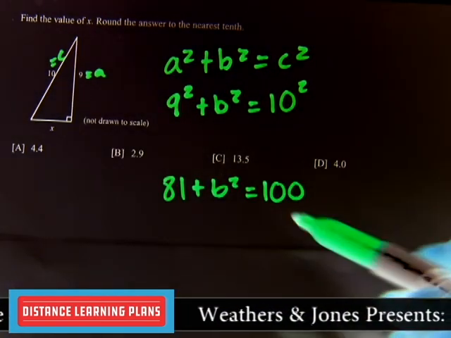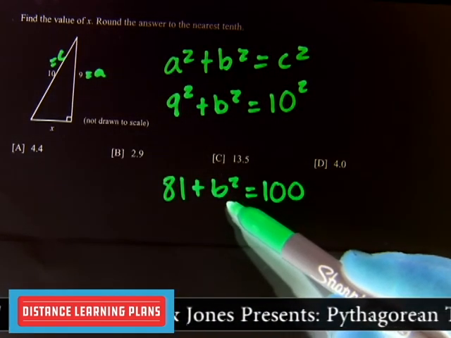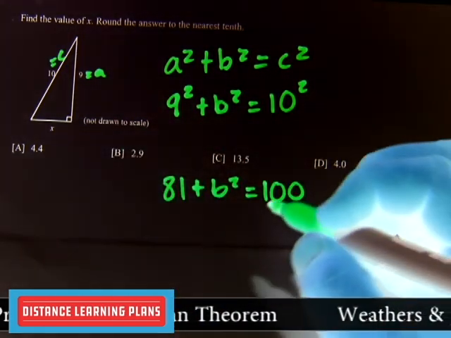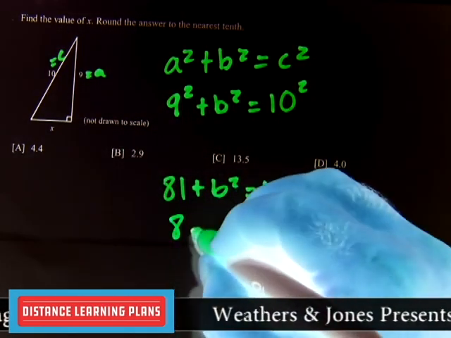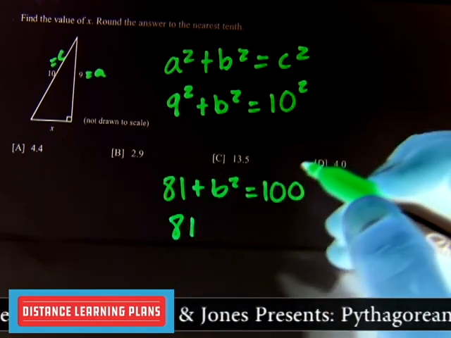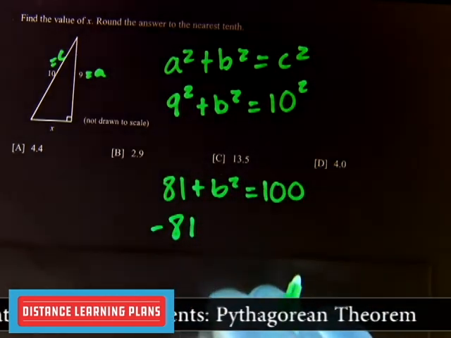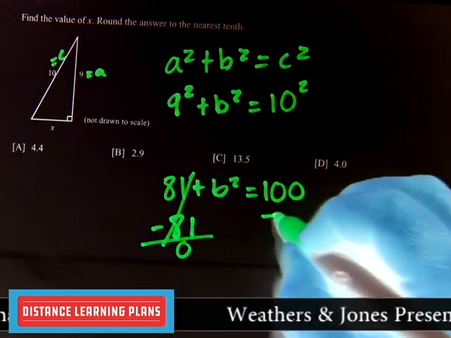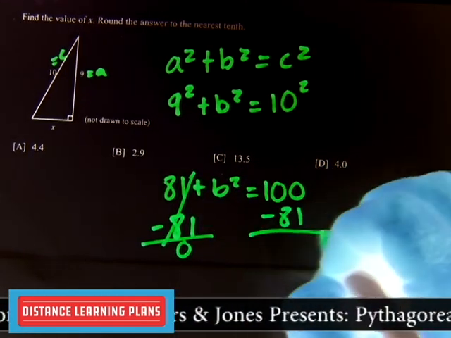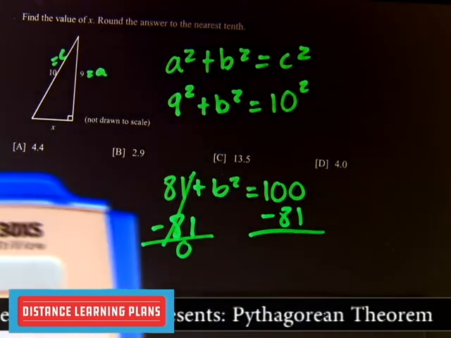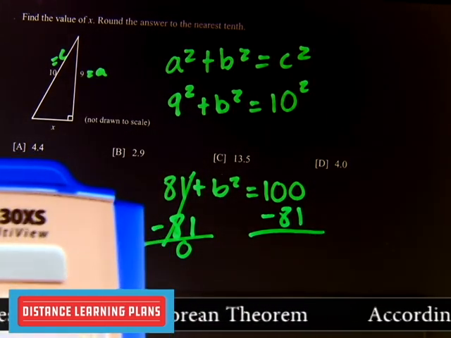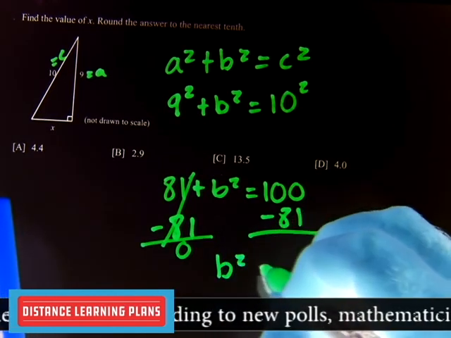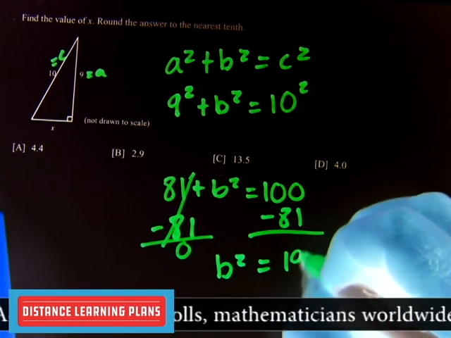Now to solve, we're solving for b because we need to know this other side. So 81, subtract 81 from both sides, cancels out, subtract 81 from 100, and if we don't know, we can do 100 minus 81 equals 19. So we have b squared equals 19.